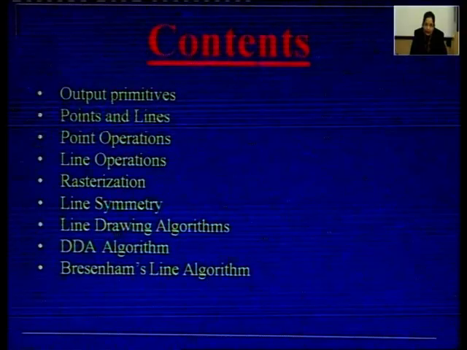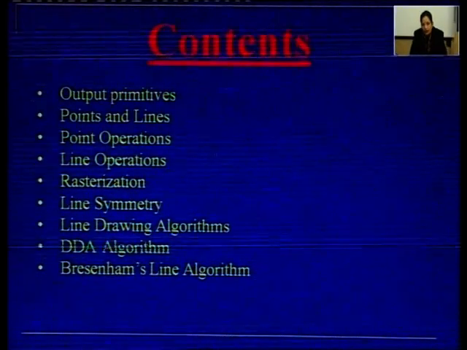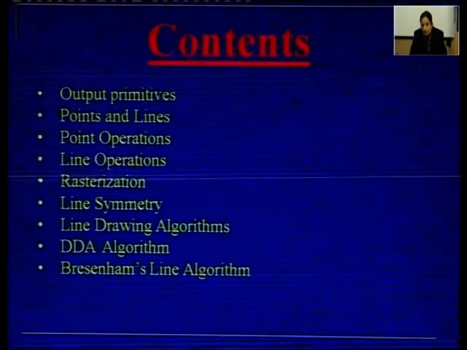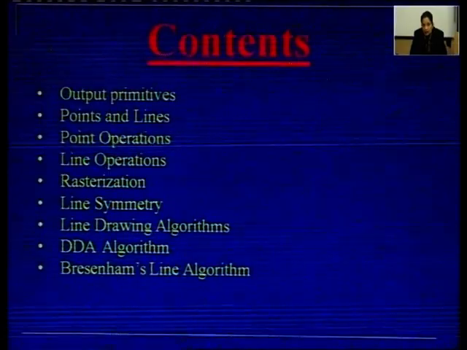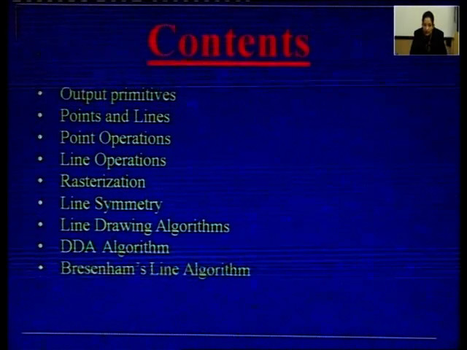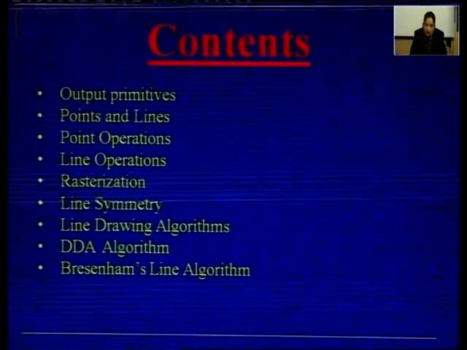Next, rasterization will be explained, that is the scan conversion: how a continuous image space can be described in the form of digital image space. A continuous image can be described in the form of a digital image, that means in the form of pixels: how many pixels will be on, and which pixels will be on and which will be off on the screen.